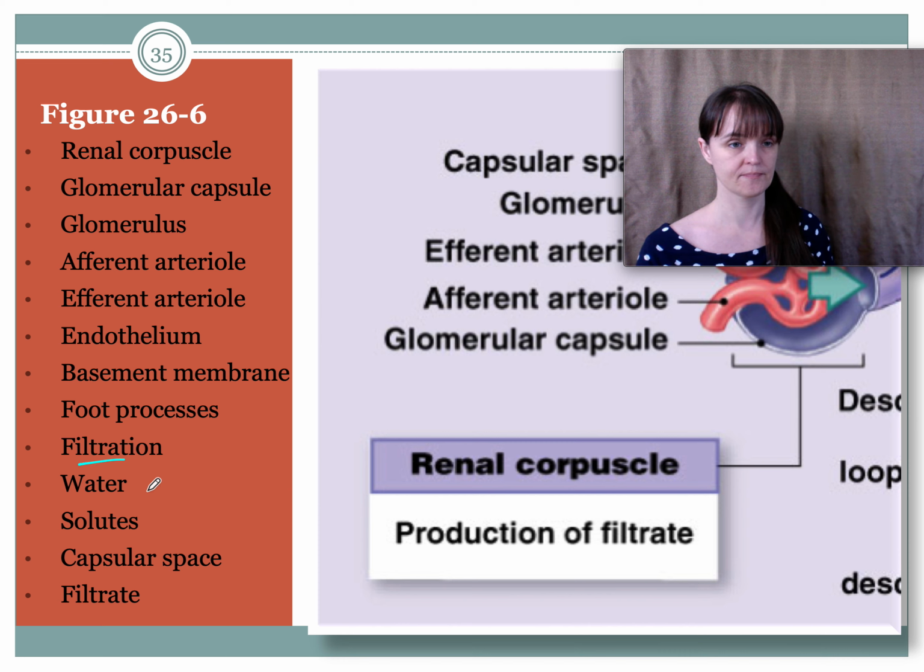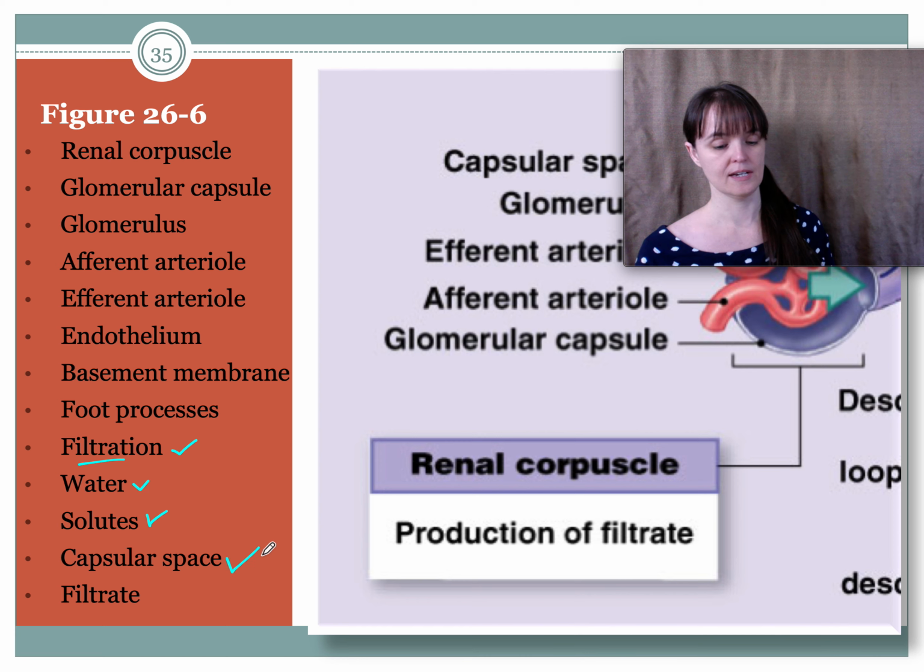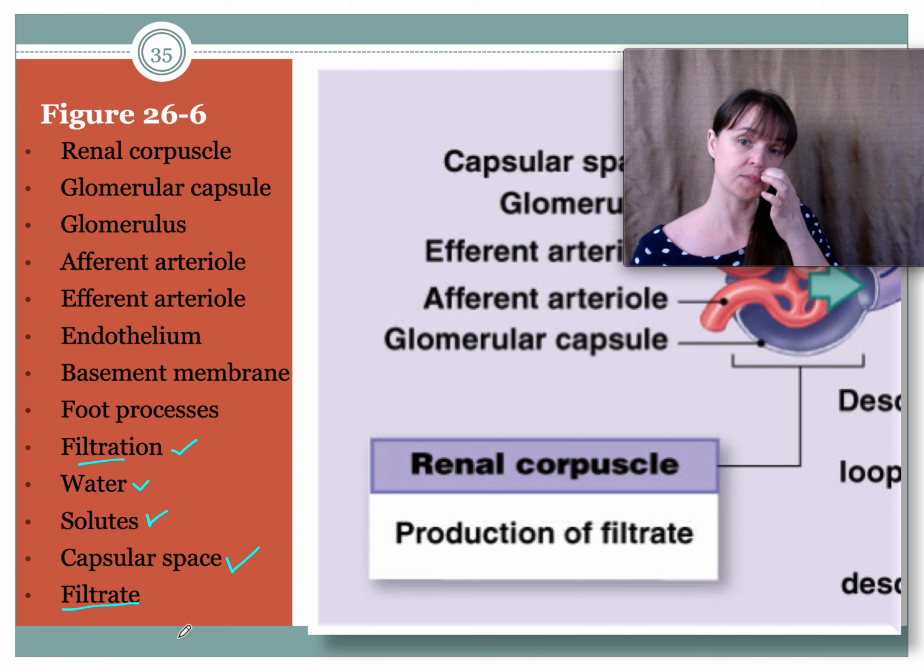Filtration membrane. In the process of filtration, the blood pressure forces water and dissolved solutes into the capsular space, and that drains into the renal tubule. The filtrate is the plasma minus the proteins that get filtered out. So it's the fluid in the capsular space.